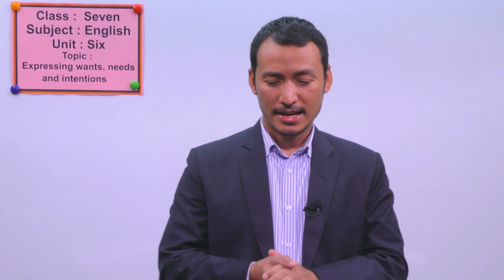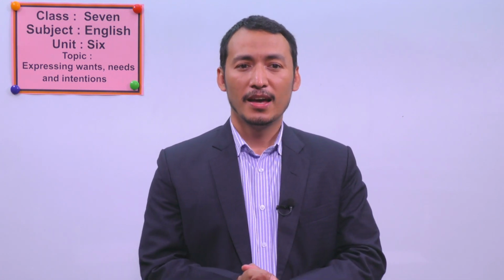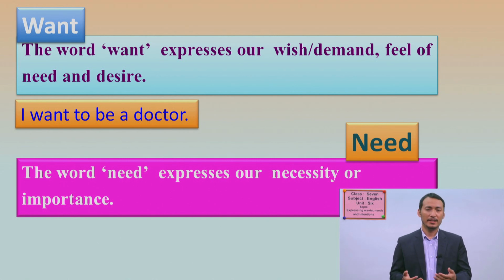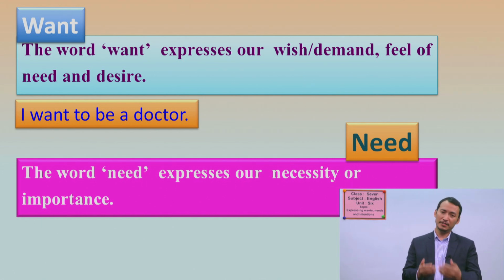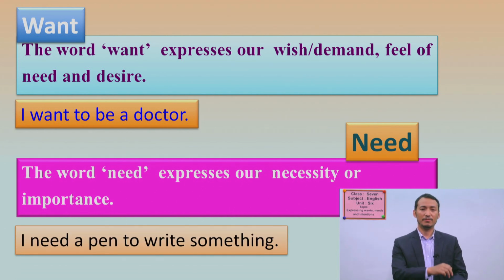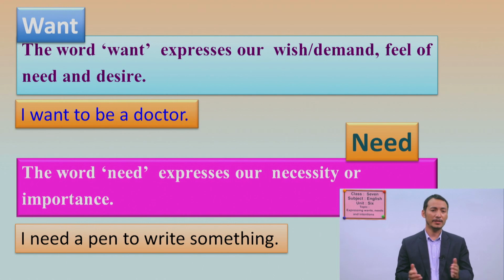Okay, let's see some examples here. I want to be a doctor. By this example, what can we say is that you want to be a doctor is your wish. You may or you may not be a doctor. That is your wish. And it's not necessary that you need to be a doctor by any means. Okay? So another sentence let's look at here.